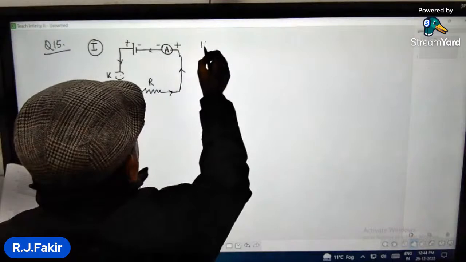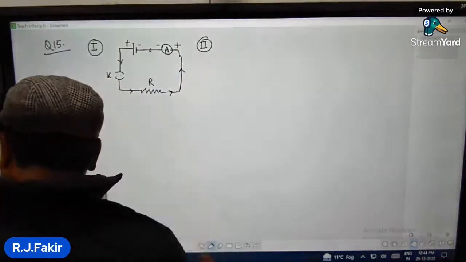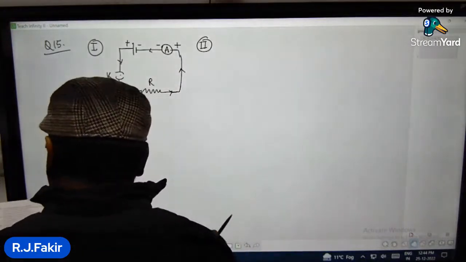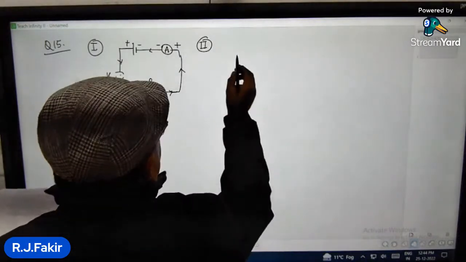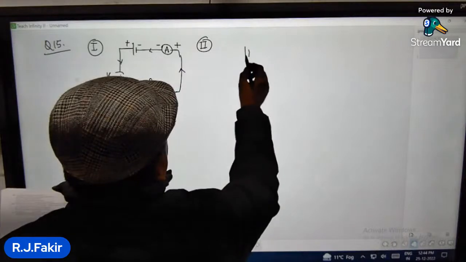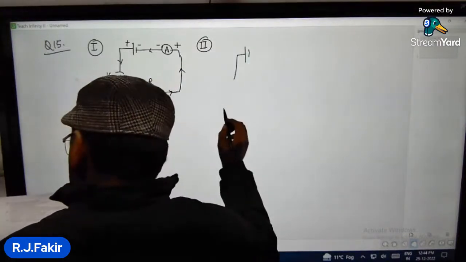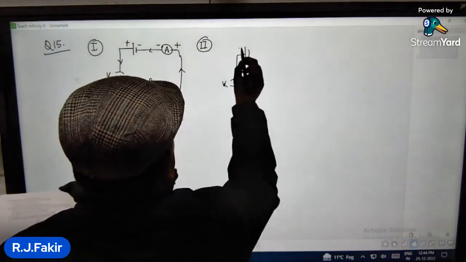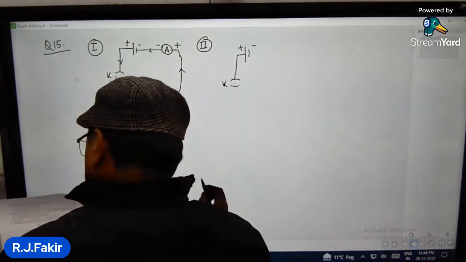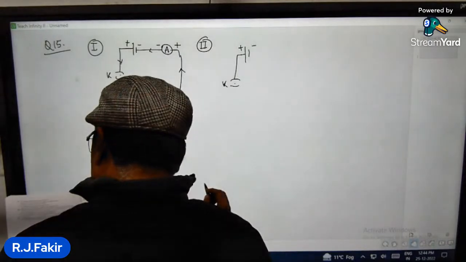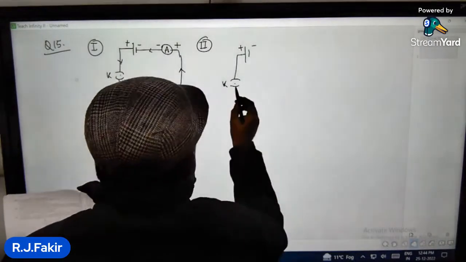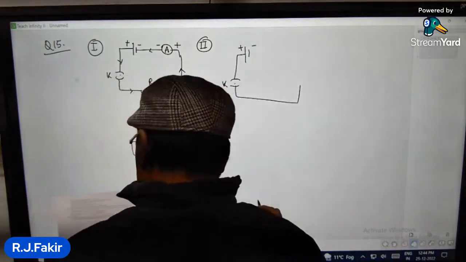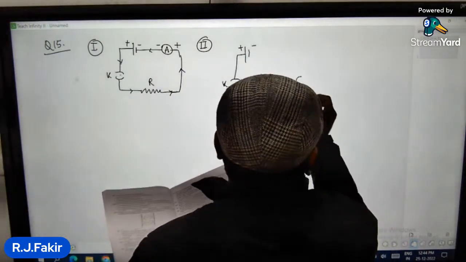Now the second arrangement is again a key, and the ammeter is connected.